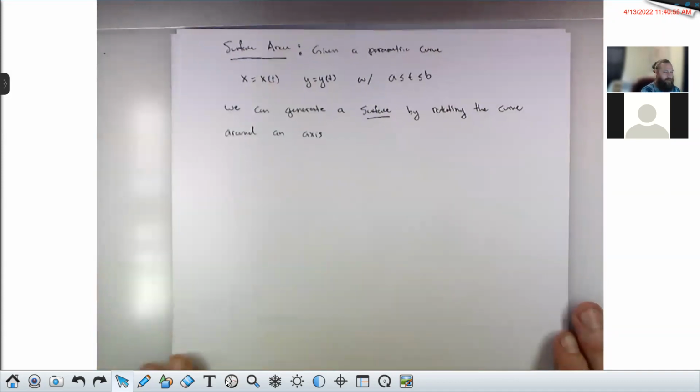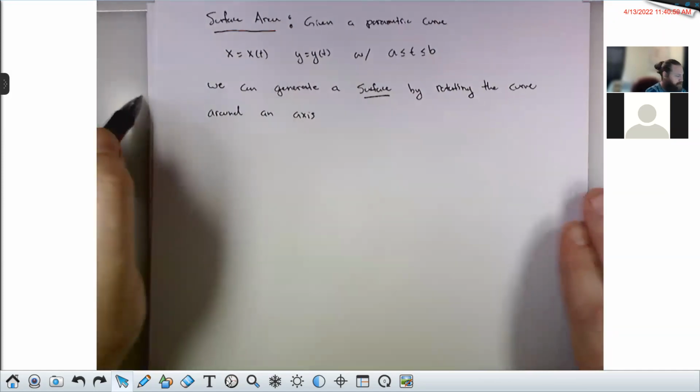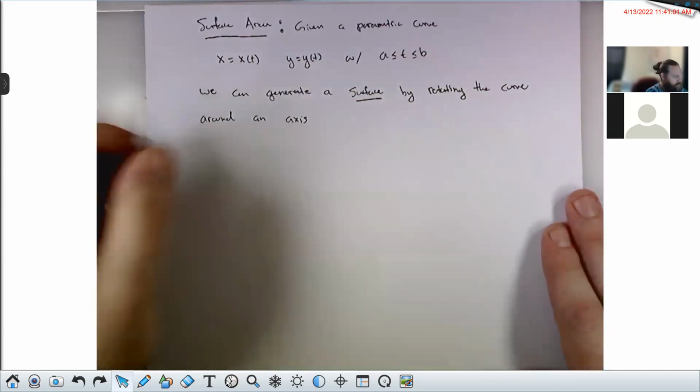So this is very, very similar to what we were doing with volumes at the start of the class, at least as far as the geometry is concerned.